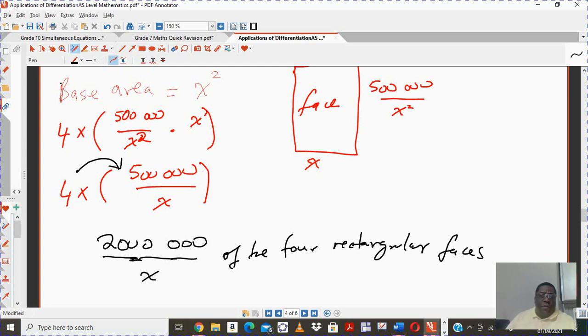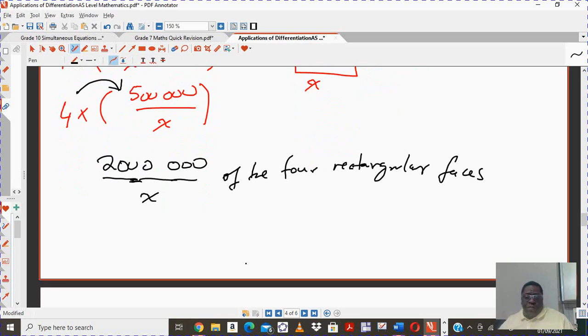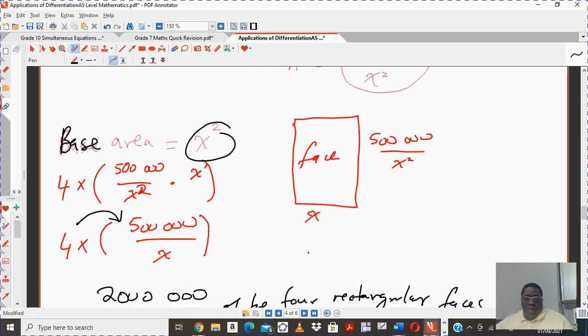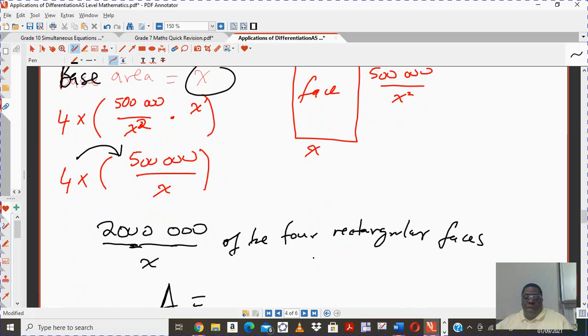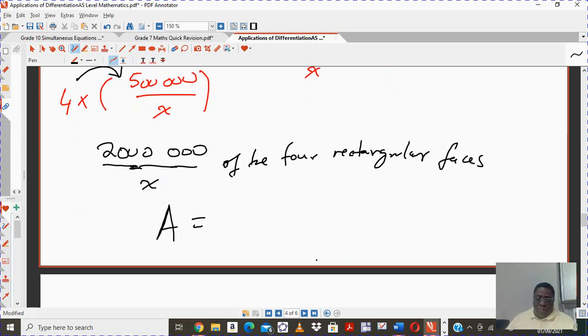We also have the base area, which we know is x squared. So the total surface area, which we're going to write as A, should equal that base area, which is x times x, which is x squared, plus 2 million over x.